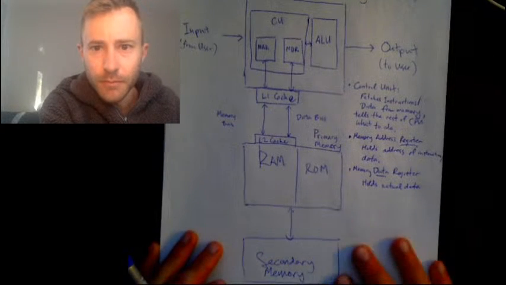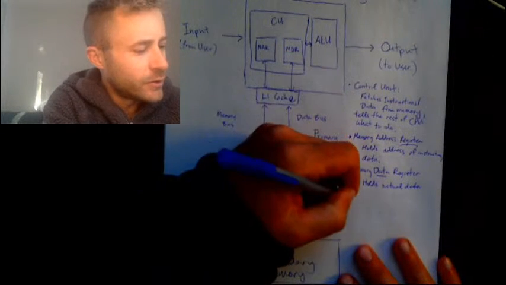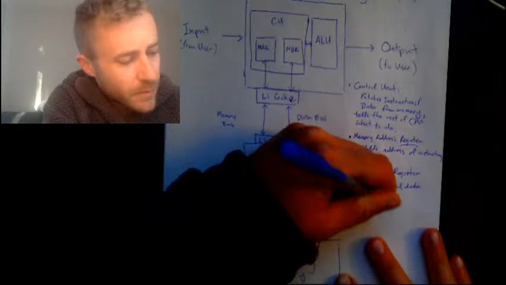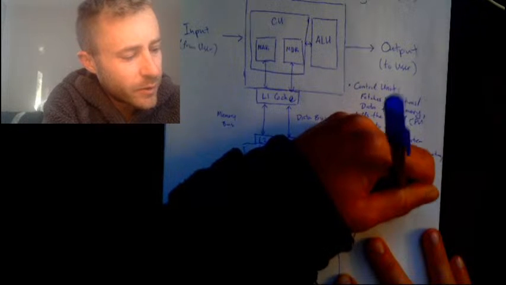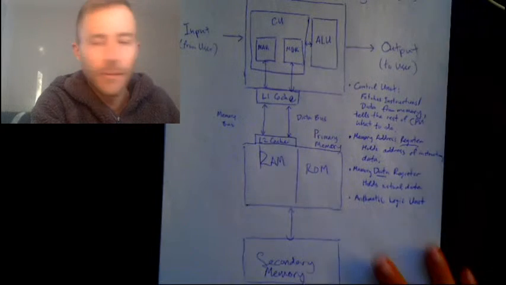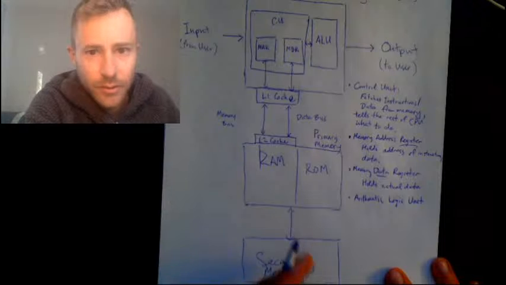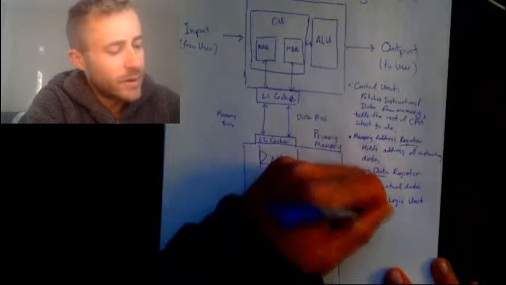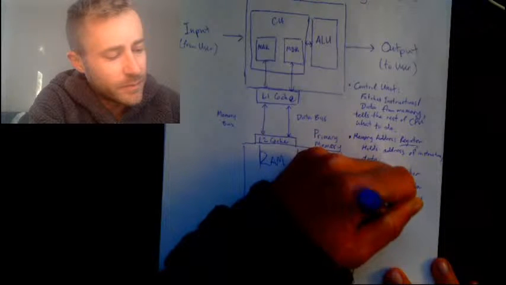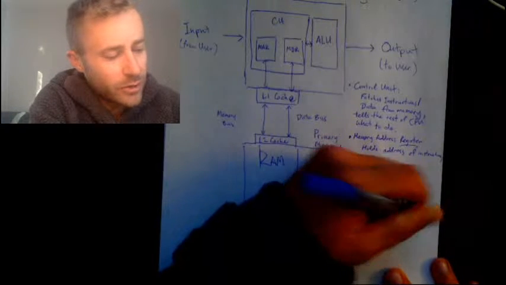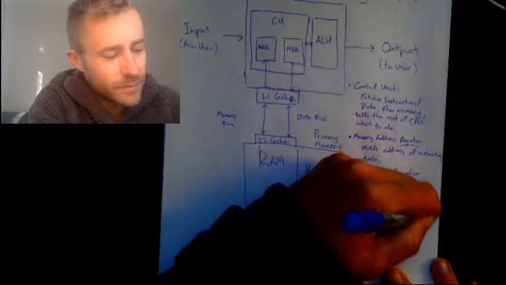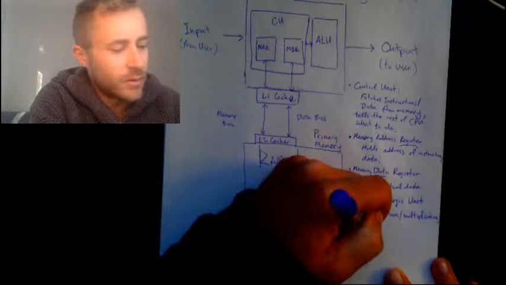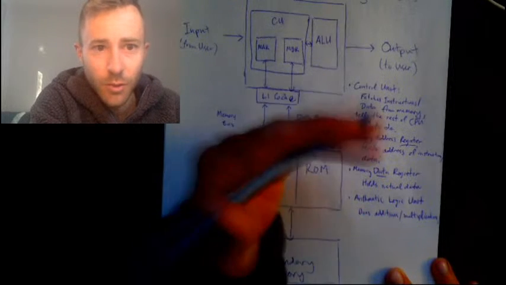The ALU stands for arithmetic logic unit. Basically what the ALU does is it does additions, multiplications, and Boolean operations such as and, or, not.